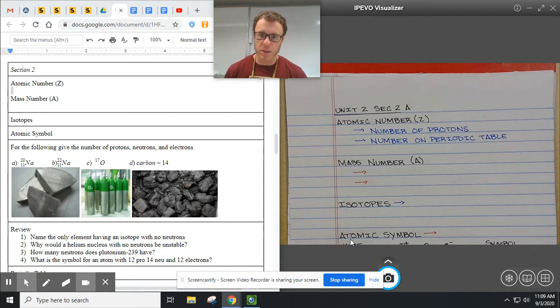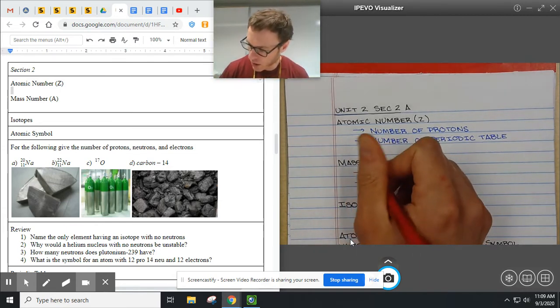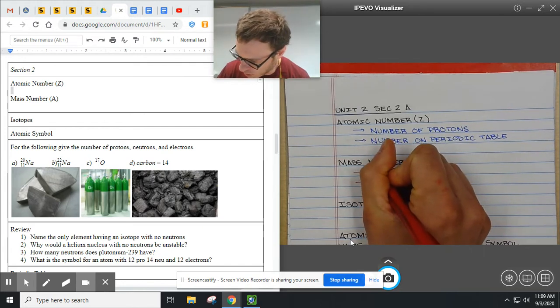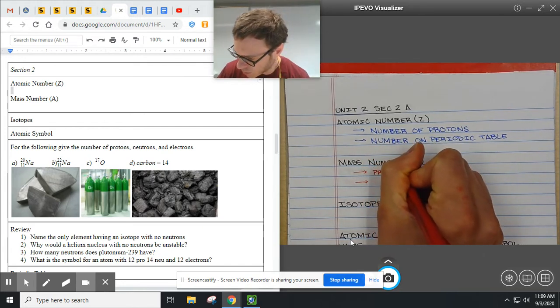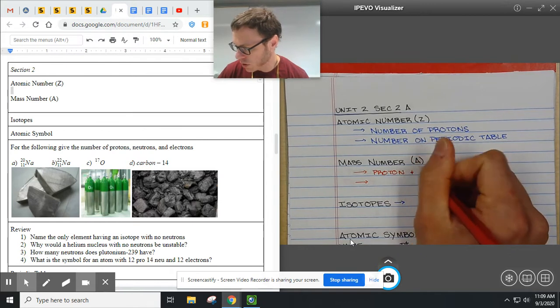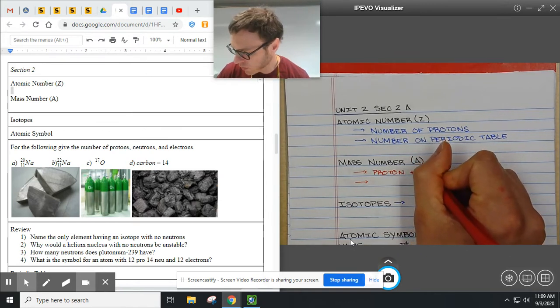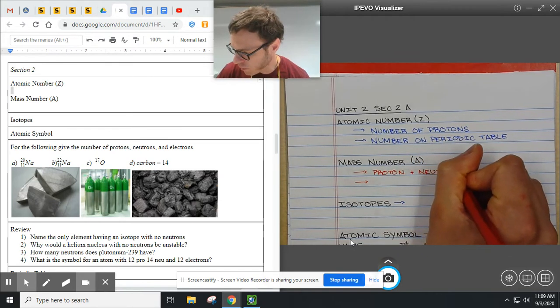For the mass number, this is going to be a little different. In the atom, protons and neutrons are really the ones that have all the mass. So here, this is just protons plus neutrons, because it gives us an approximation of the mass.